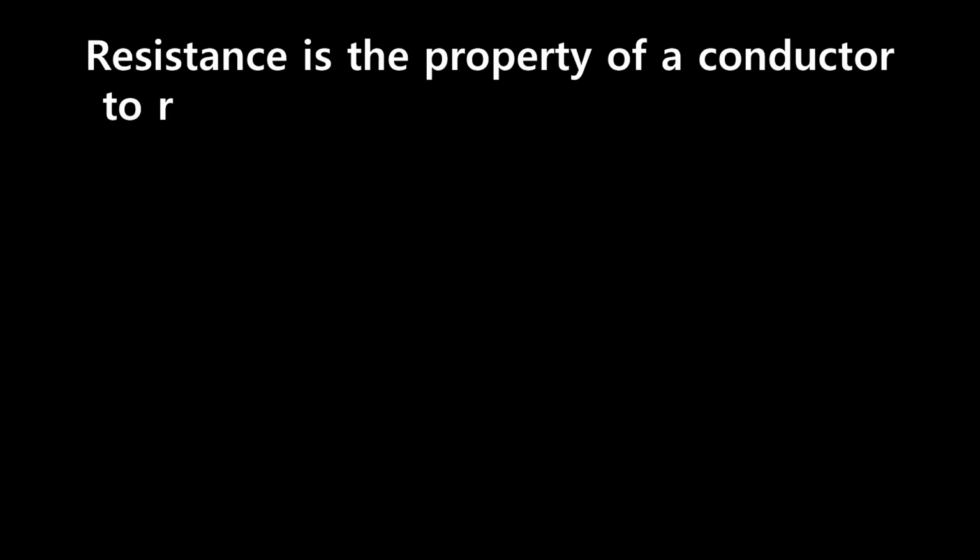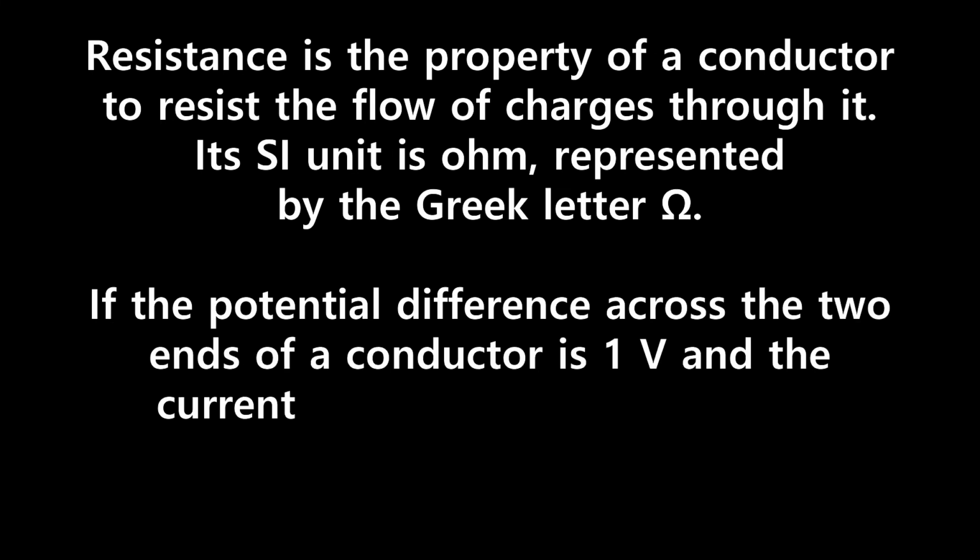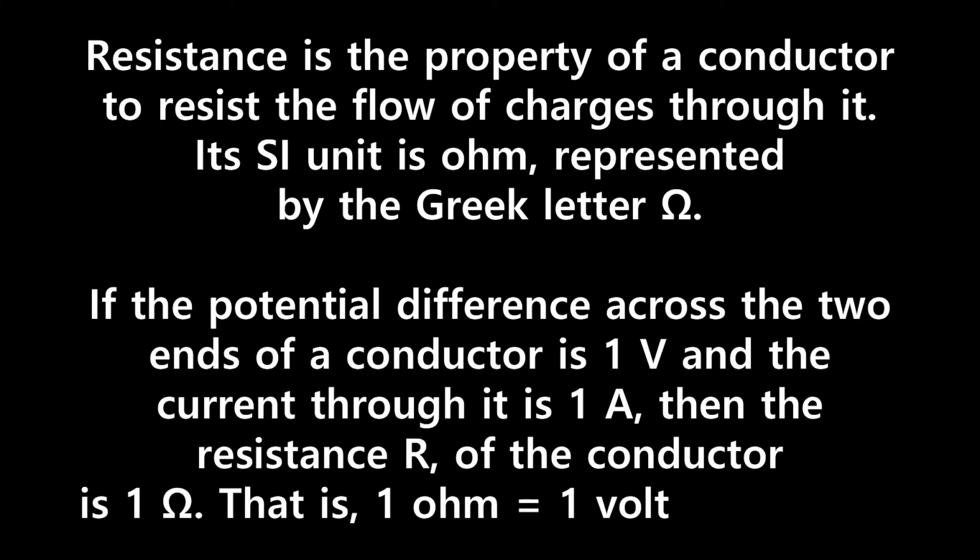In this equation, R, which is a constant for the given metallic wire at a given temperature, is called the resistance. It is the property of a conductor to resist the flow of charges through it, and its SI unit is ohm, represented by the Greek letter omega.